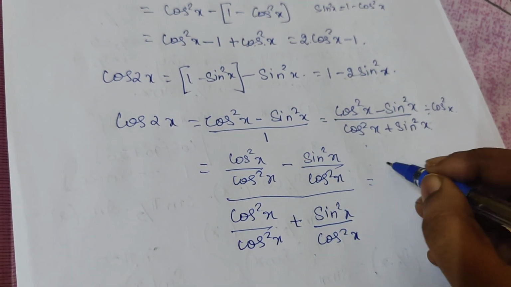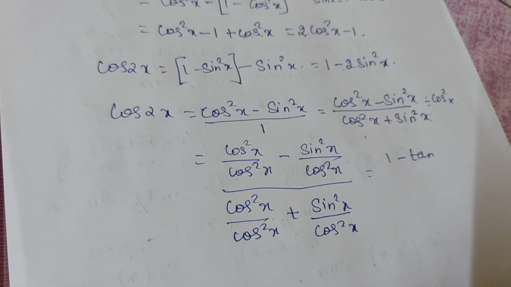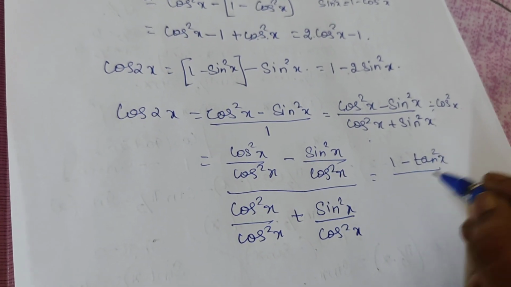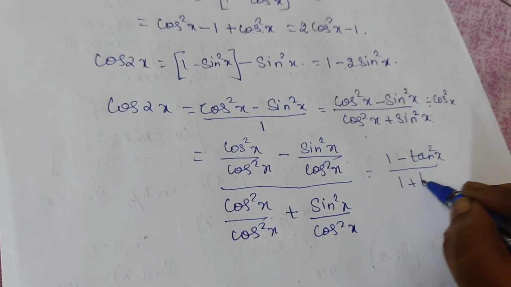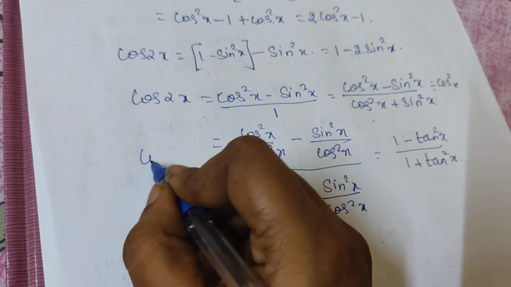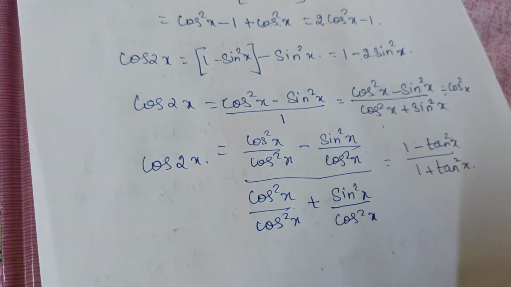So we'll get 1 minus tan square x over 1 plus tan square x, because sin by cos will be tan. This is another way of writing cos 2x.